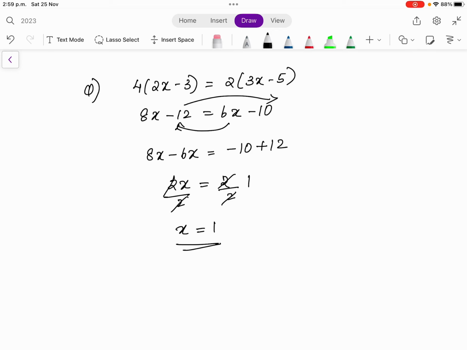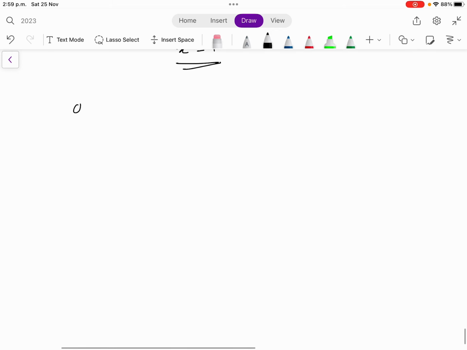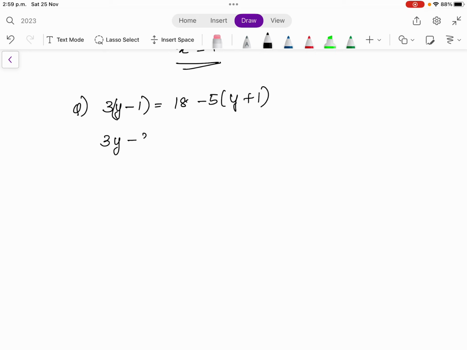Okay, we'll do one final question. 3 times (y minus 1) is equal to 18 minus 5 times (y plus 1). Okay, so as we said before, you have to simplify the bracket. So 3y minus 3 is equal to 18 minus 5y minus 5. Remember, there is a minus here.